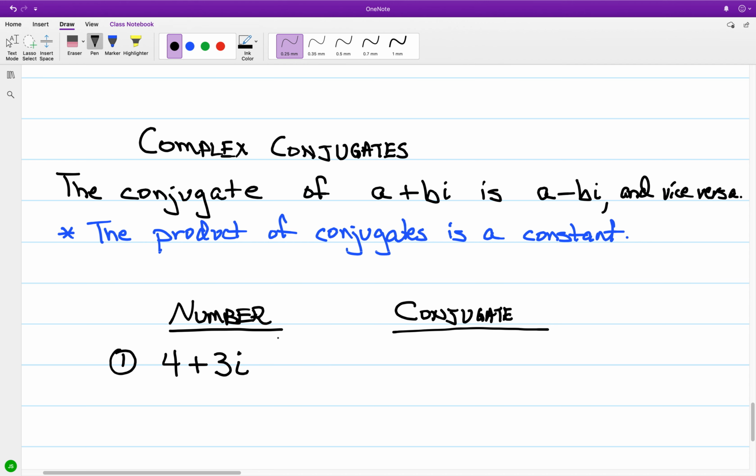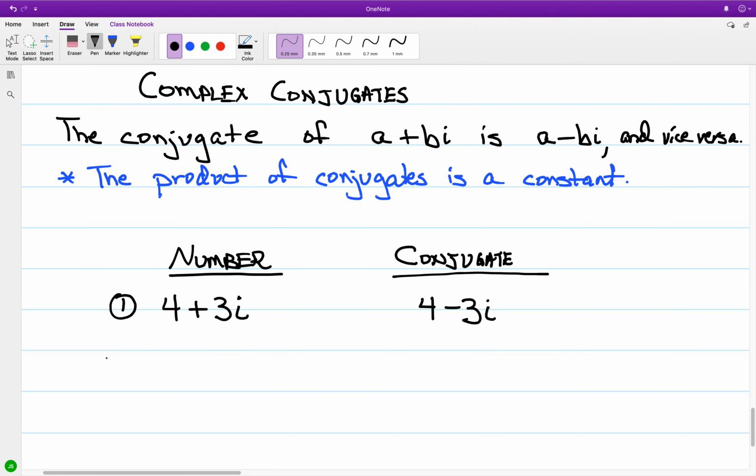Again, the conjugate of a plus bi is a minus bi, and vice versa. So a is represented by 4, bi is represented by 3i, and the conjugate is going to be 4 minus 3i. For the second item, negative 3 minus 6i, the conjugate is going to be negative 3 plus 6i.